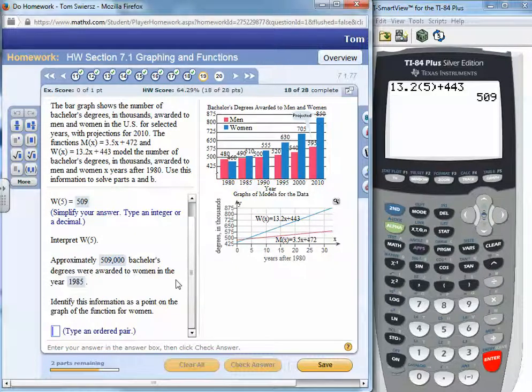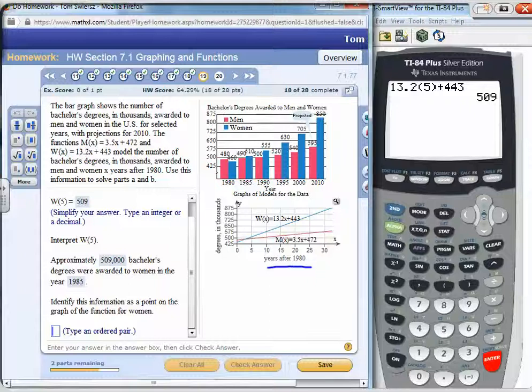Identify this information as a point on the graph of the function for women. The x value is horizontally the years after 1980. The x value was 5, and then degrees in thousands, so it would be 509. Again, it's in thousands, so all we need to do is put 509, which corresponds to 509,000.